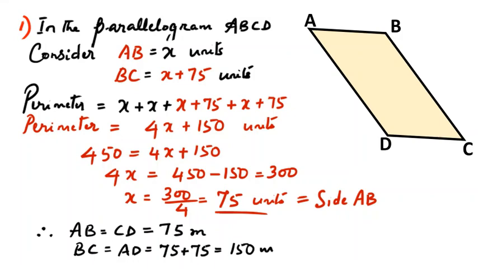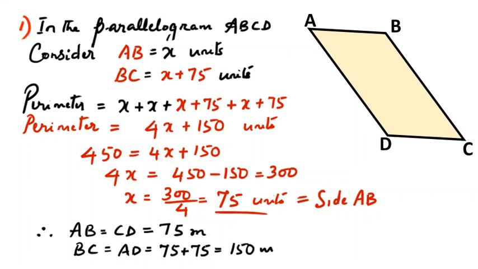Now perimeter. We are given perimeter is 450 units. So I am writing expression for perimeter. It is AB plus BC plus CD plus DA. AB and CD are same, x and x, so I am adding those two.